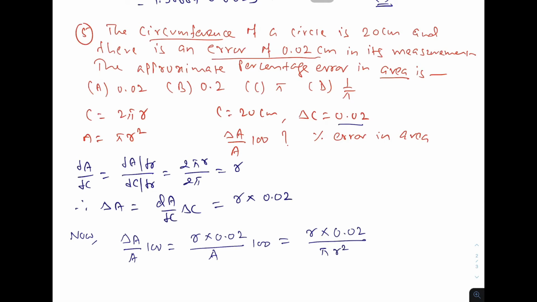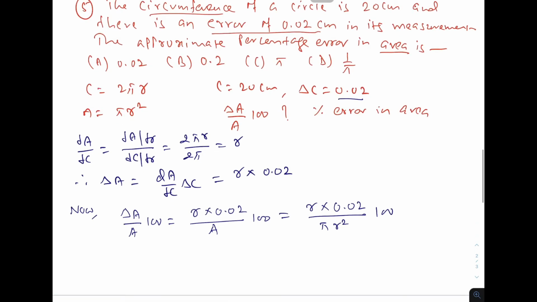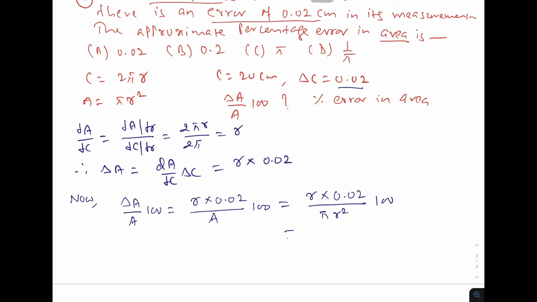A is what? Pi r square. Okay. And into 100. So this is equal to 0.02 into 100.